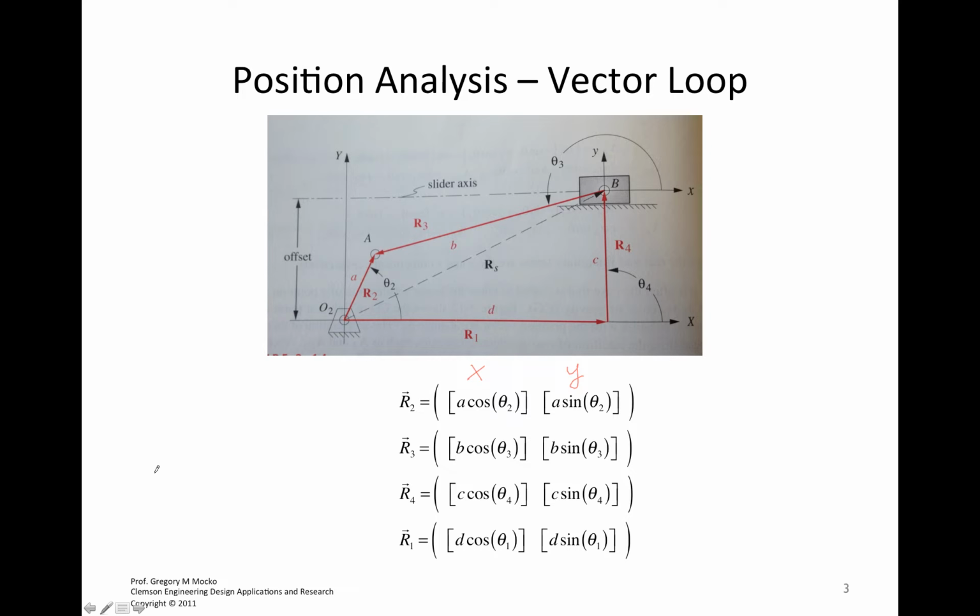And the vector loop for this, if we start at the origin, is going to be R2 minus R3 minus R4 plus R1 equals 0, right? So this is the vector loop equation for this slider crank.